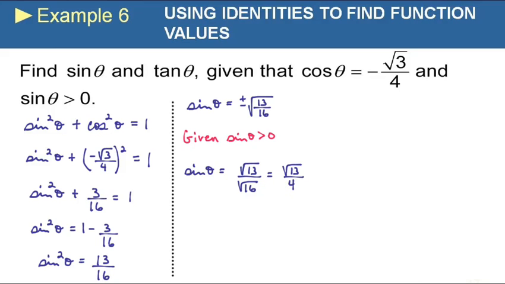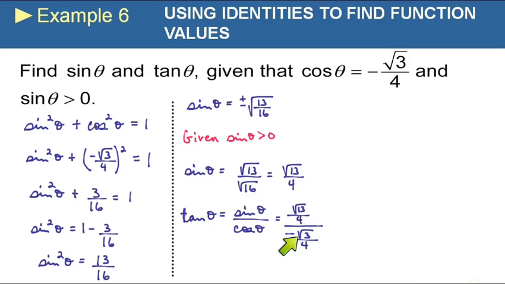Now to find tangent, I already know sine and I already know cosine. So let's use our quotient identity. Tangent equals sine over cosine, and sine is this fraction and cosine is this fraction. So I've simply plugged them in here.